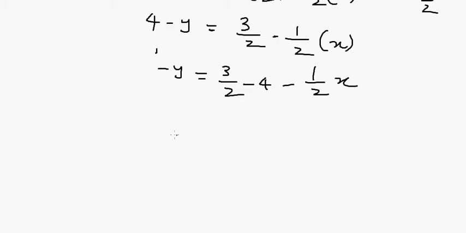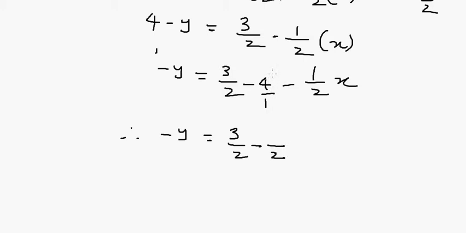Now minus y is gonna be equal to, now 3 by 2 minus 4. The denominator of 4 is 1. It's 4 by 1, right? I have to convert it to 2 so as to combine it with 3. So I just multiply both the numerator and denominator by 2. If I multiply the denominator by 2 first, I shall be getting 2.